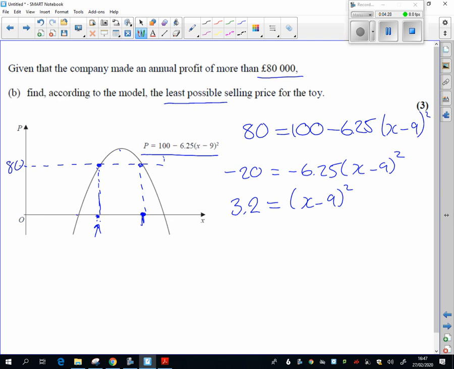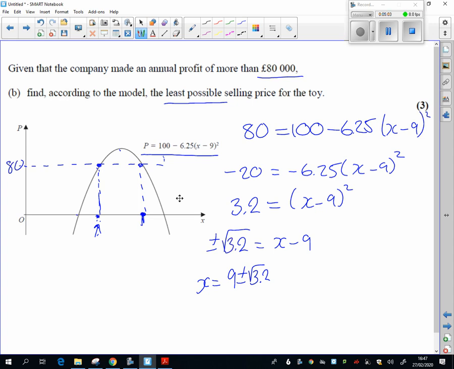And then if I square root, now do be really careful. We can see there should be two solutions. It's a quadratic, so we know there's potentially two solutions. So just make sure if you're doing it this way, when you square root, you consider positive or negative, and x therefore would be 9 plus or minus square root of 3.2. Let's get both of those.